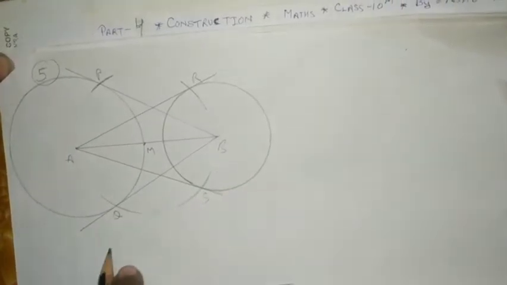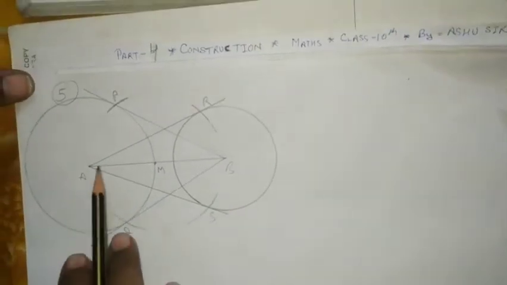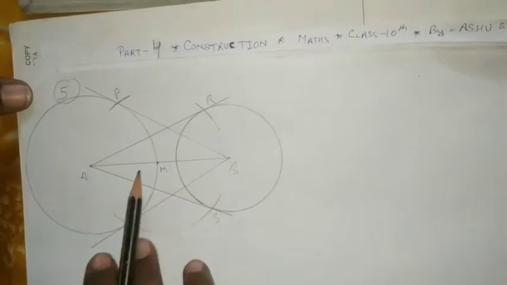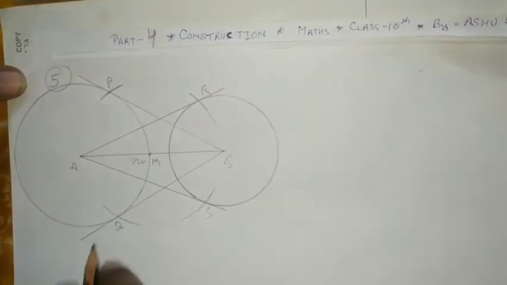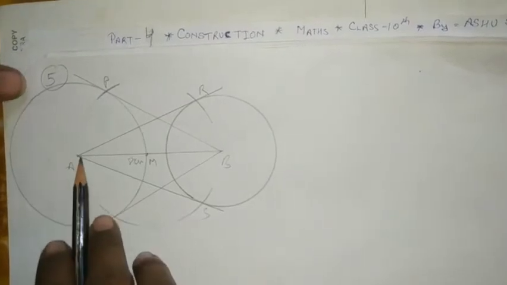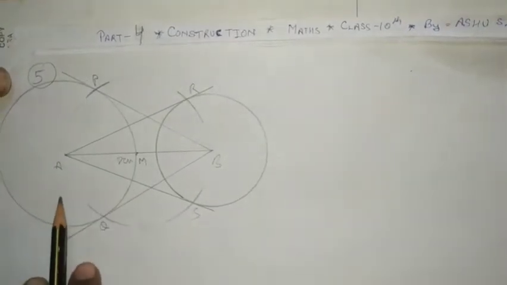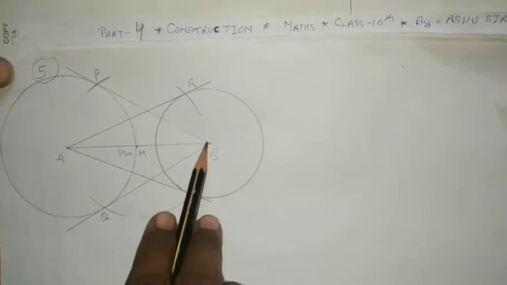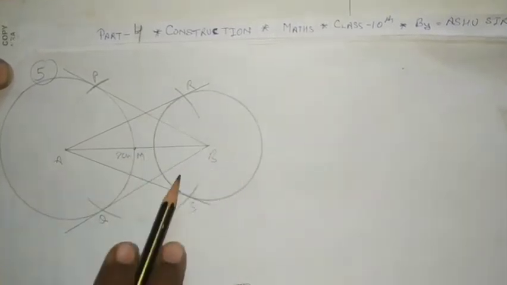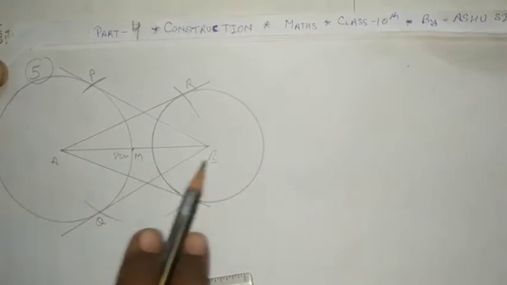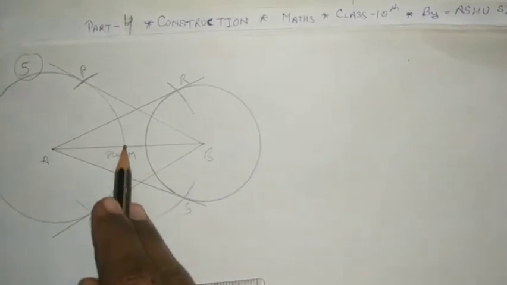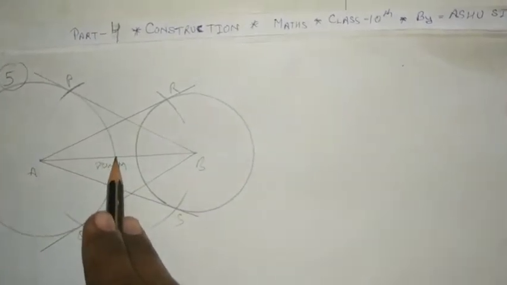So what are the steps of construction? Take a line segment AB of 8 cm. Then with A as center, draw a circle of radius 4 cm. With B as center, draw a circle of radius 3 cm. Then find the midpoint of AB. If AB is 8 cm, we already get the midpoint M, that is 4 cm.